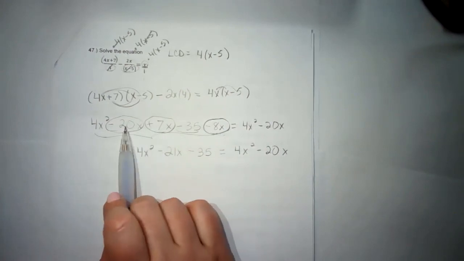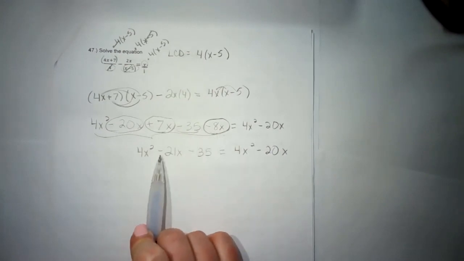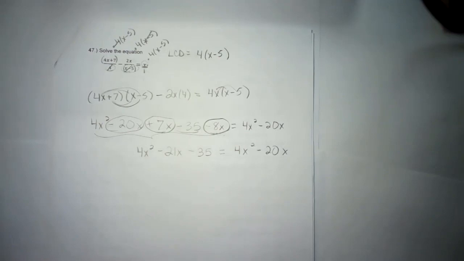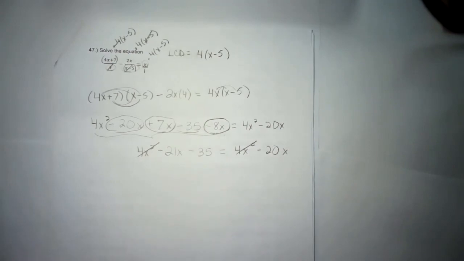Okay, so this was negative 13x. And then when I subtracted 8x, I got negative 21x. I just put all 3 together. Okay, when I start moving terms around, if I subtract 4x squared, what's going to happen to the 4x squared? They're going to cancel. How beautiful is that? Yours is going to cancel too.